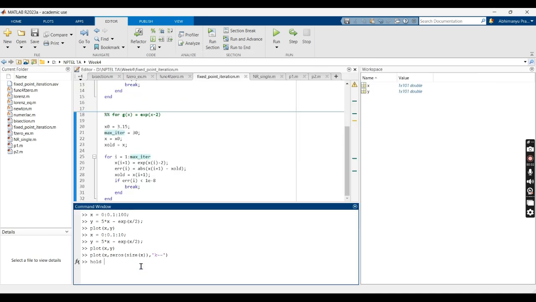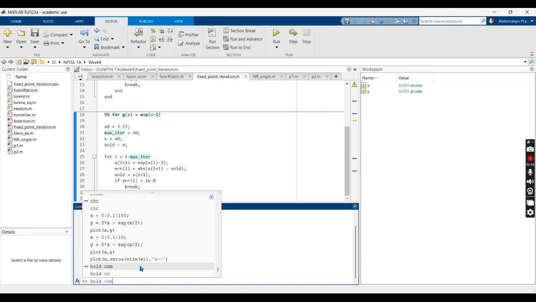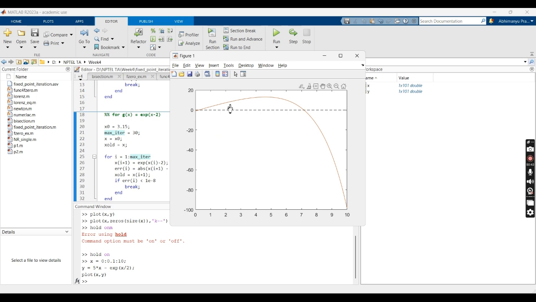Sorry, I need to do a hold on. So I have a root almost close to 0.2, and I have another root which is closer to 7.1. Yeah, 7.1, 7.2.